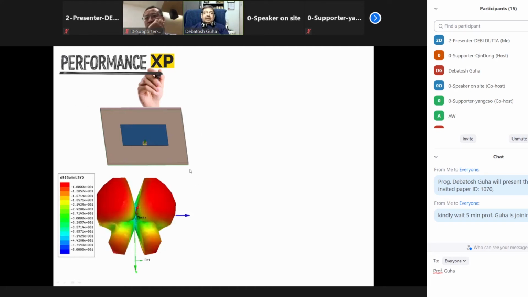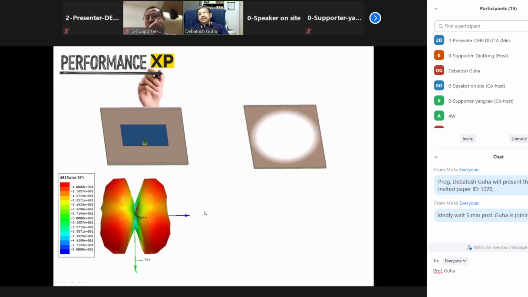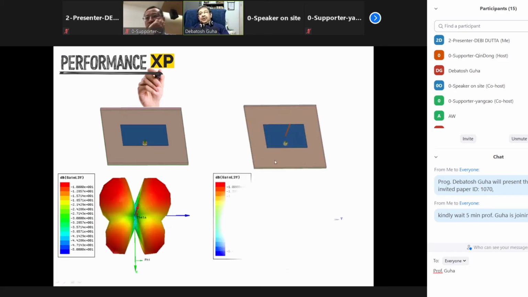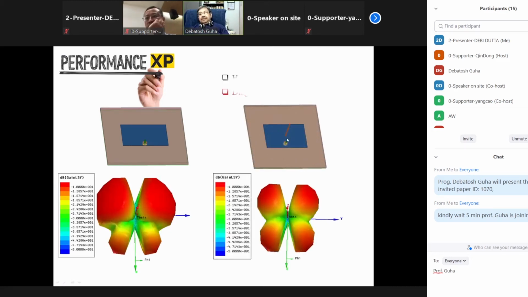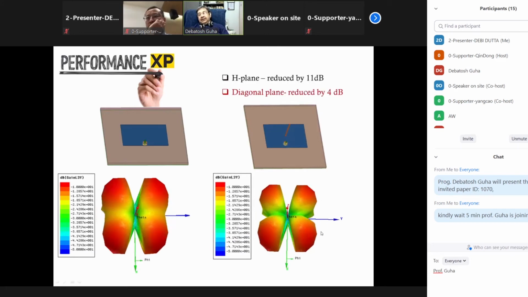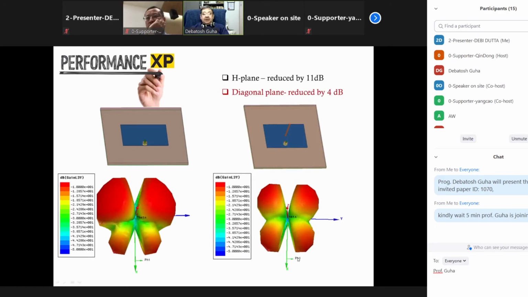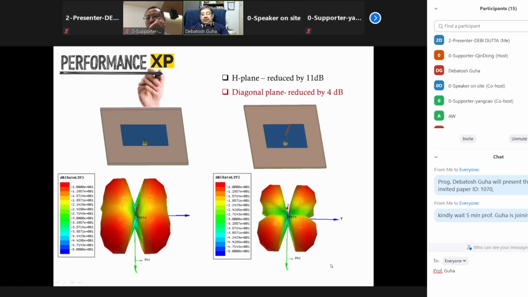This is one conventional microstrip patch. When you are exciting it with TM10 mode, it is its radiation, cross-pol radiation pattern. Now you use this simple pole on top of this. You just visualize the nature of its cross-polar radiation. I'm showing here only the cross-pol.